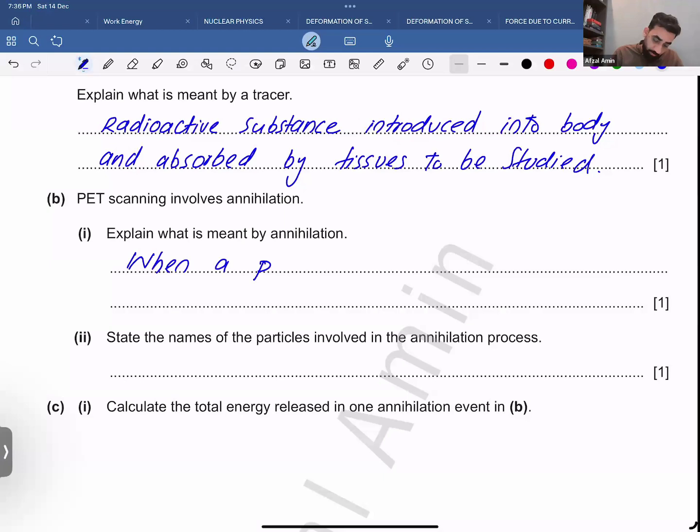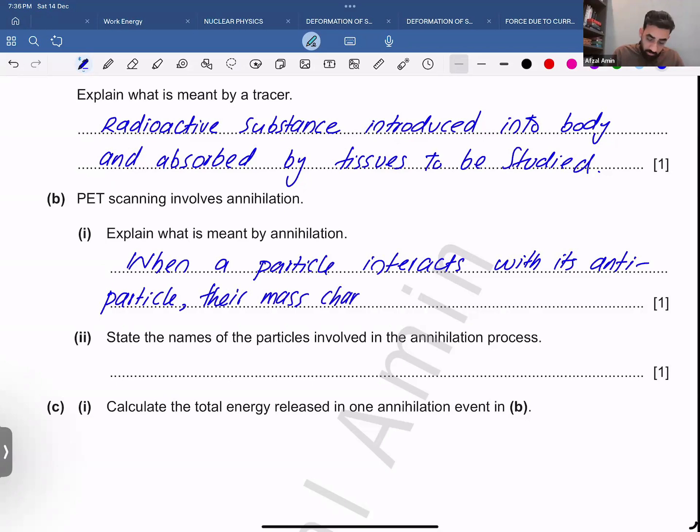When a particle interacts or meets with its antiparticle, their mass changes into energy in the form of a pair of gamma rays, gamma ray photons.